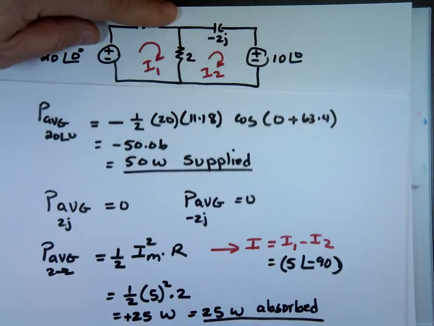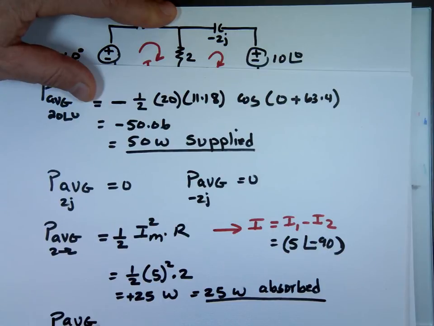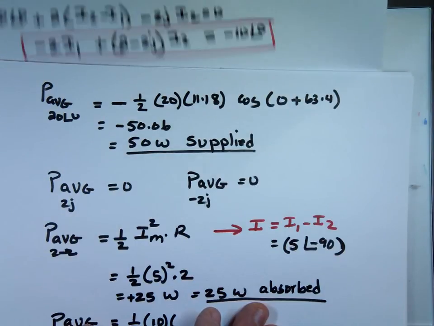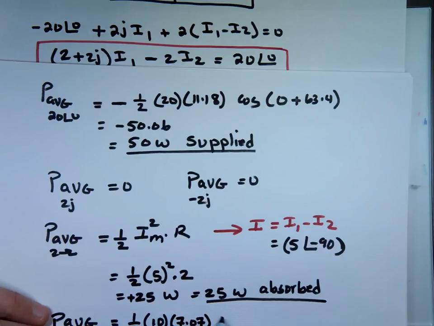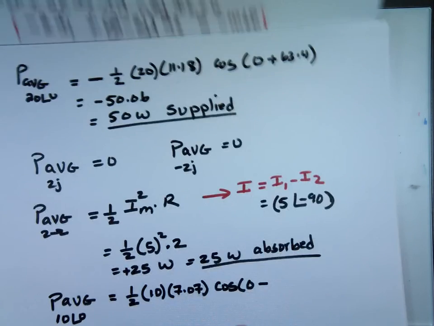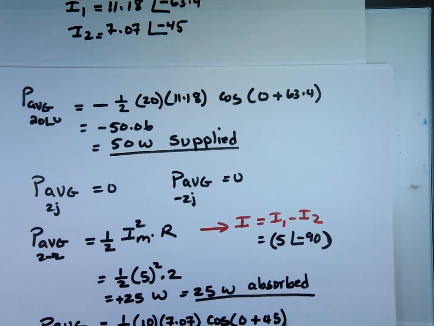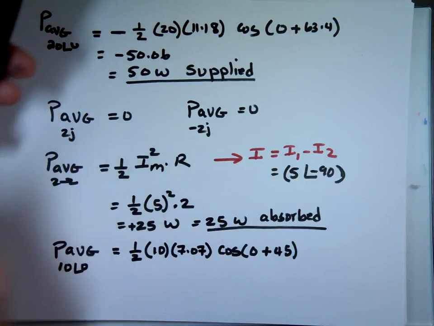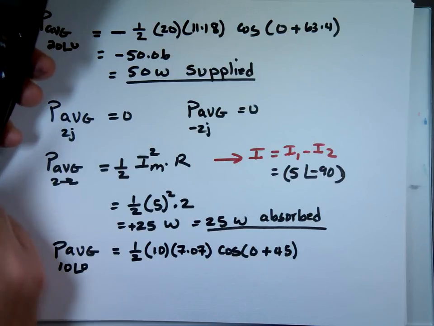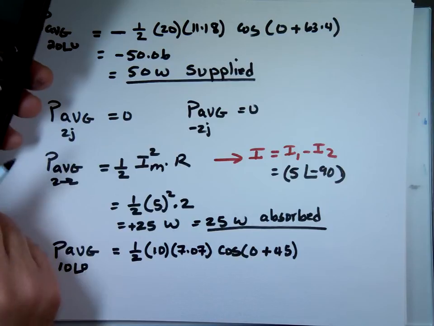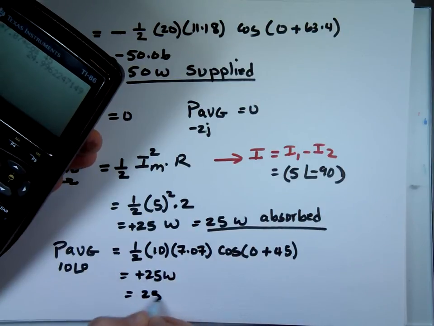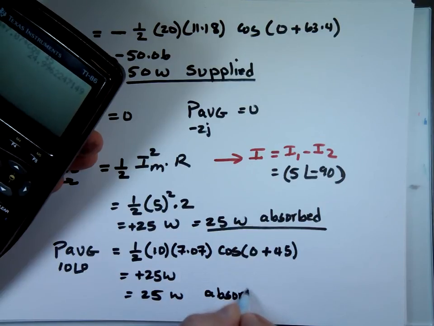So P average for the 10 angle 0 source equals 1/2 Vmax, which is 10, times I max, which is 7.07, times cosine of theta V, which is 0, minus theta I, and I sub 2 is -45, so it becomes 45. That gives 25 watts absorbed.